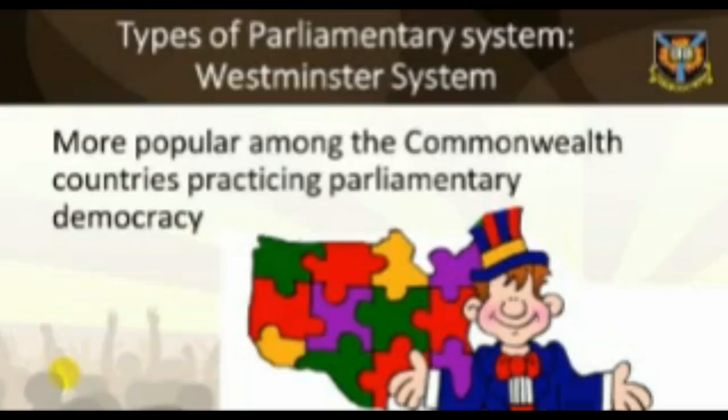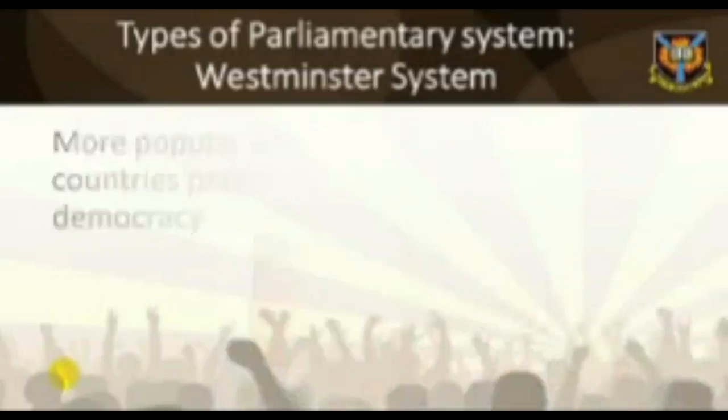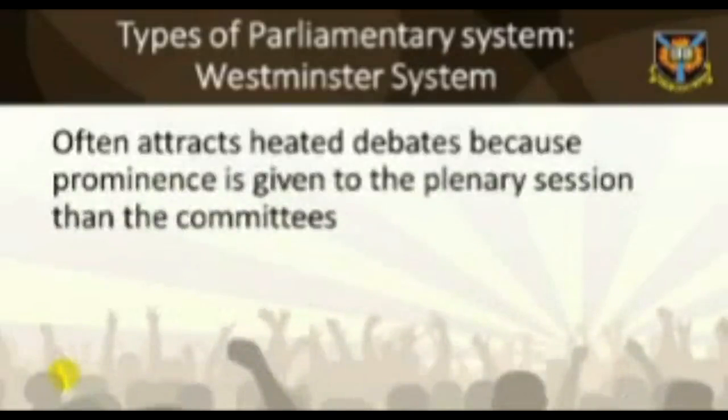This is to say that most issues are deliberated upon more during the plenary sessions than having the committees do the work. Thus, in such a situation, the parliamentarians usually engage one another in hot debates where each of them or a group tries to have strategic advantage over the others in the form of articulation of superior arguments.